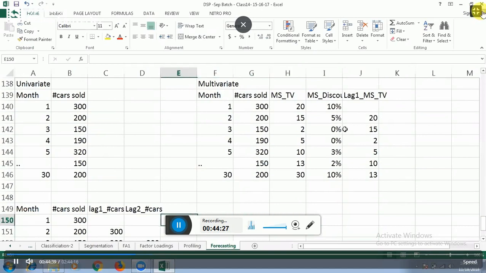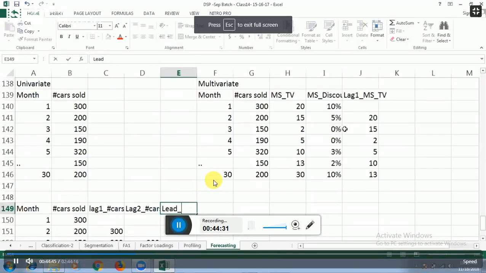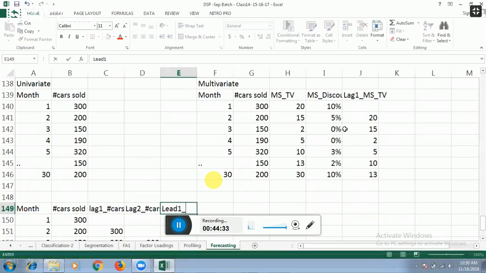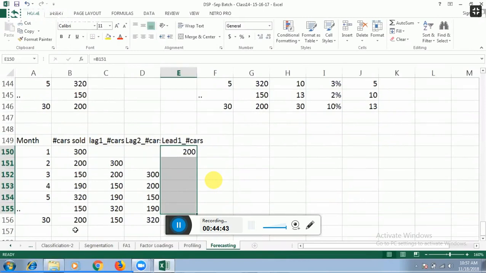And what about lead? Lead 1 of cars sold. Lead is nothing but my future value becoming my current value. A situation where this can be helpful is, for example, a budget.